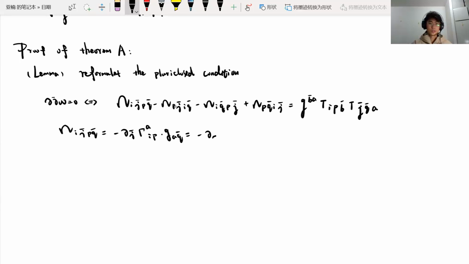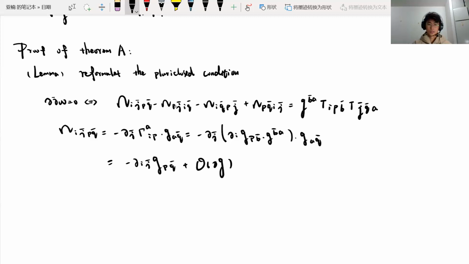And it is just the second order part is I, J, and the other first order part.